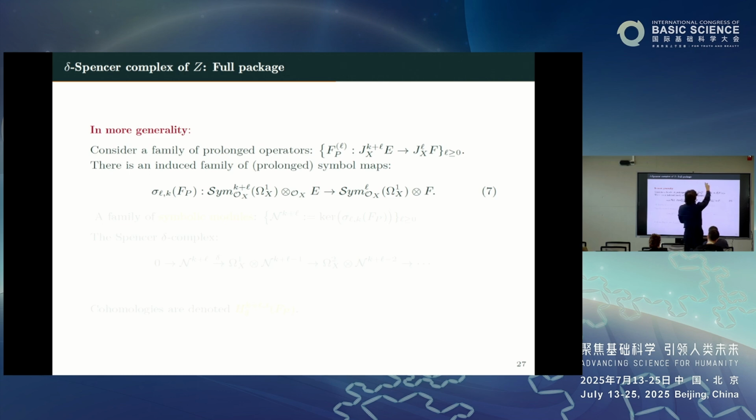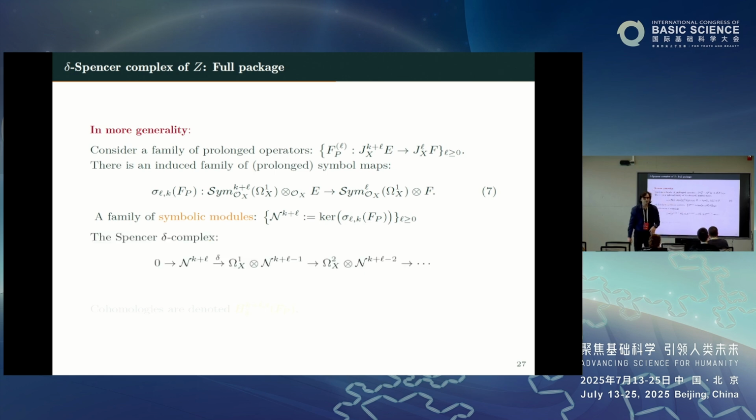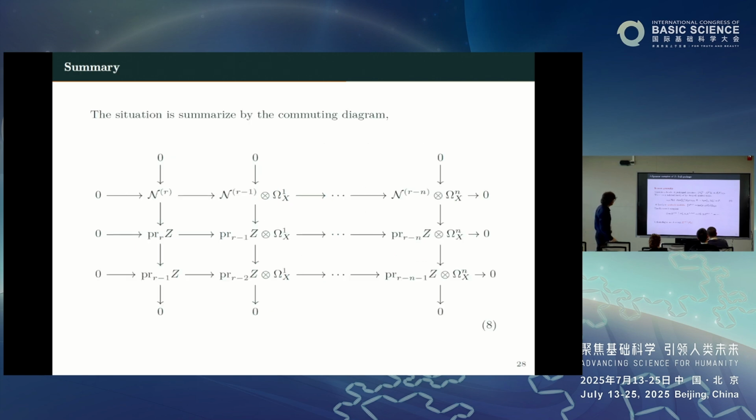Kernels are given by these symbols of E, symbol of F. There are maps, and I look at the kernel. And the kernels are my symbol. So I get a vertical sequence of kernels like that. I can calculate the delta Spencer complex. I can put them together, compute this graded module, calculate H^{p,q}. And that's a notion of regularity.